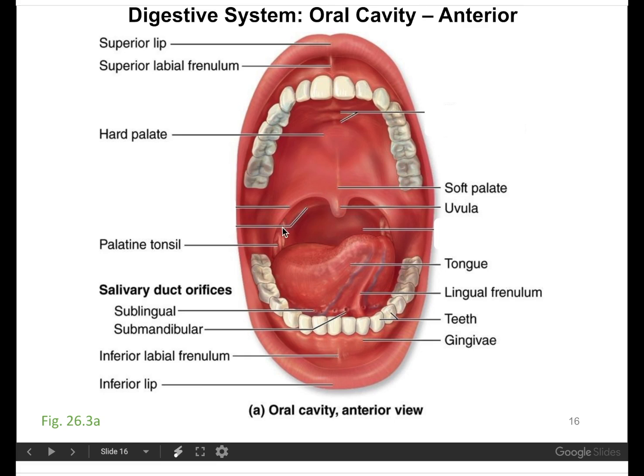Obviously, if they're a collection area for bacteria, or if they are swollen to the point that they're touching, and they're rated on a scale of 1 to 4 on how far they come out from behind this little wall right here, and 4 would be all the way to the middle. So these are the ones you think of when you're thinking of your tonsils being removed.